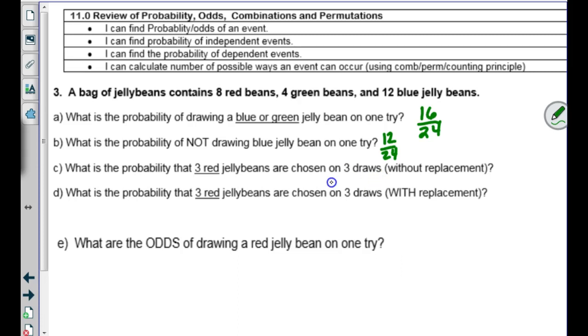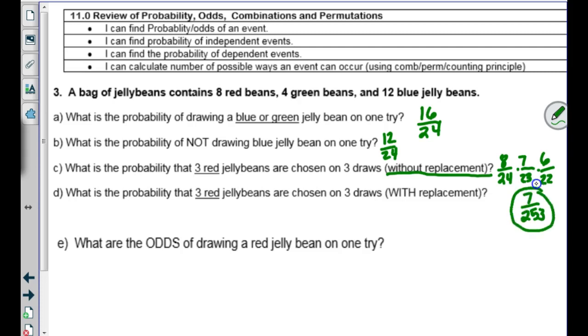What is the probability that 3 red are chosen on 3 draws without replacement? So the first time there's 24, and then 23, and then 22. So we were doing red, so it would be 8, 7, 6. Anybody have that number down? Yeah, because that should reduce significantly.